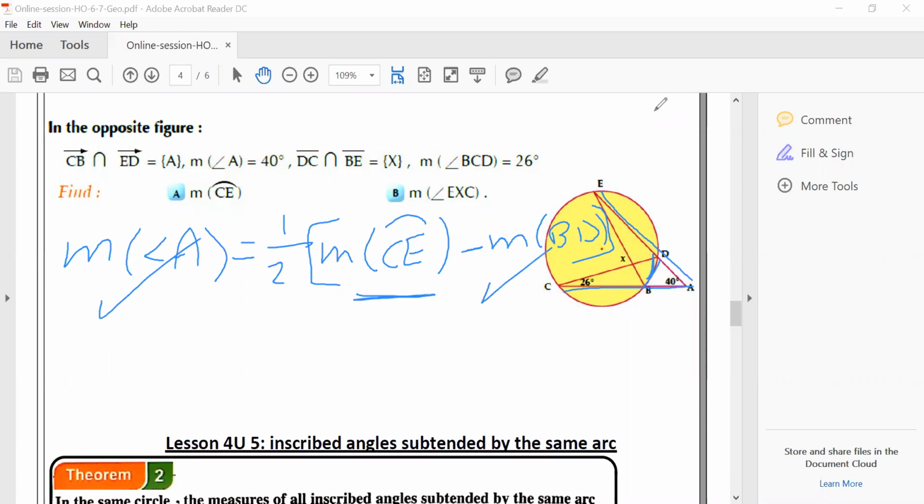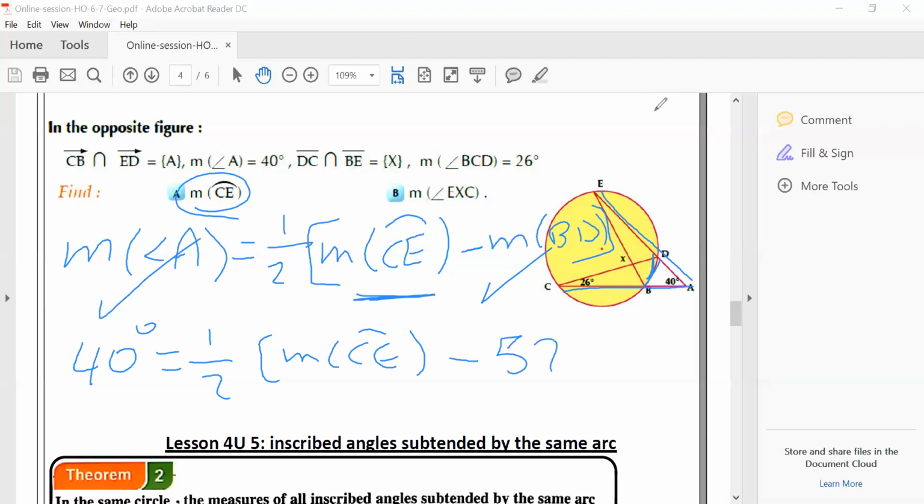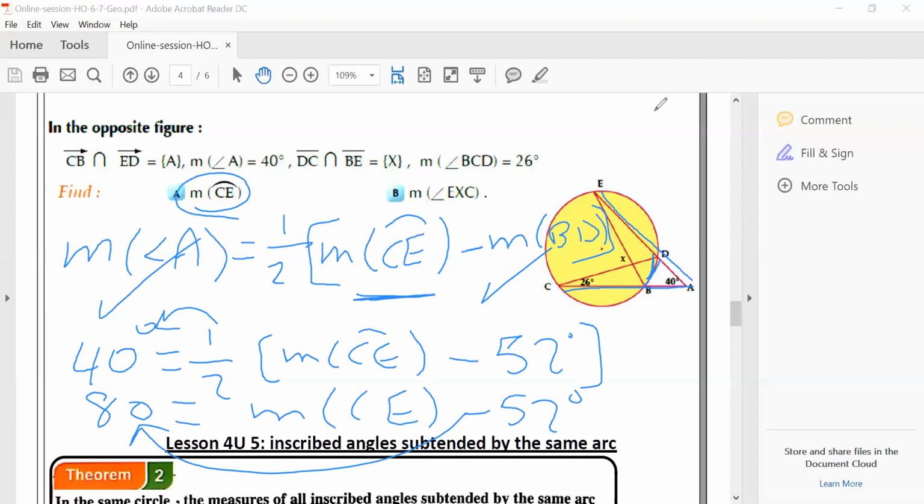I can get measure arc CE by an equation. 40 equals half measure arc CE minus 52 degrees. First take the half to the other side, so it will be 80 equals measure arc CE minus 52. The minus I will take to the other side, so measure arc CE equals 80 plus 52. It will be 132.